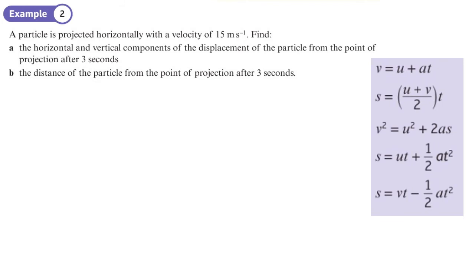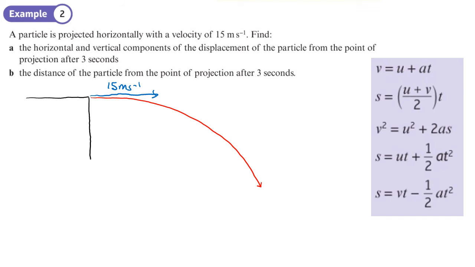So here, we'll start with a diagram. It's being projected at this point. We don't know how far it is, but we know it's being projected horizontally, and it drops forever down here. It's going to keep going, and we know that the initial velocity is 15 meters per second horizontally.